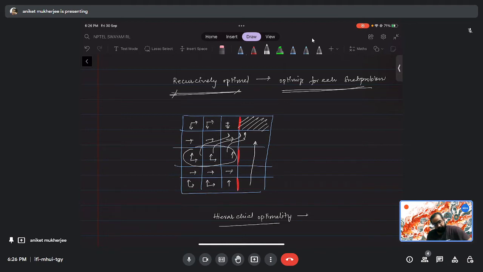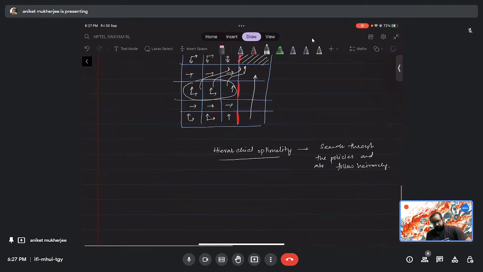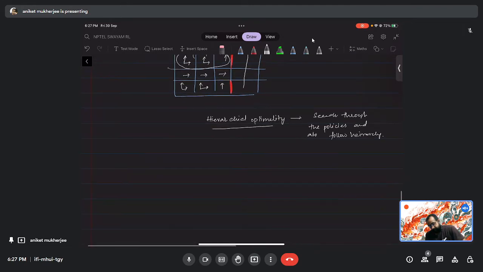So you search through the policies and also follow the hierarchy, and you also try to come up with an optimal solution for the whole problem rather than coming up with optimal solutions for both the subproblems. There is another type of optimality known as flat optimality.